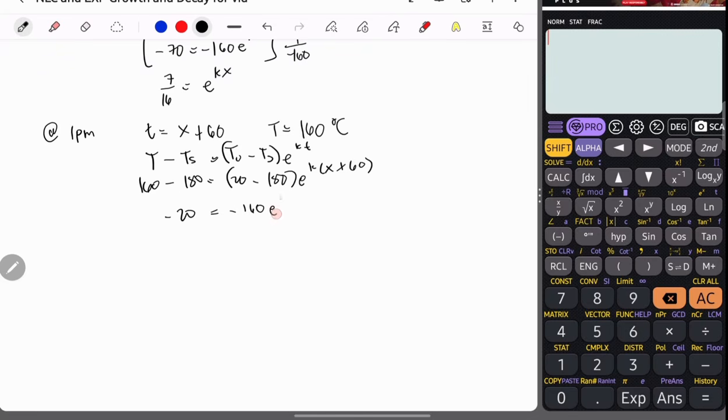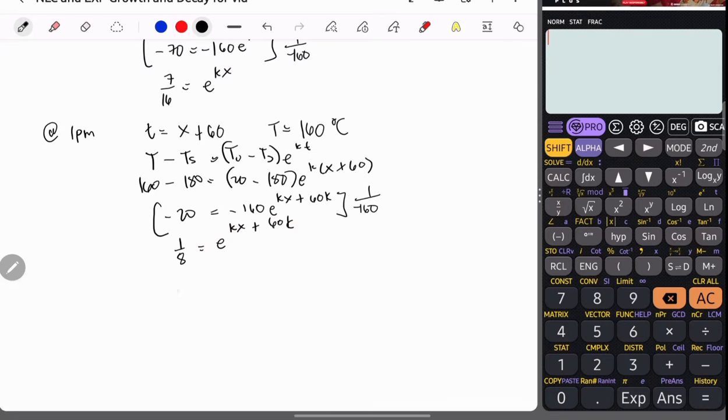K times X is Kx. K times 60 is 60K. Then we divide both sides by negative 160. So negative 20 divided by negative 160 is 1 over 8. Negative 160 over negative 160 is 1. So only e to the kx plus 60k.